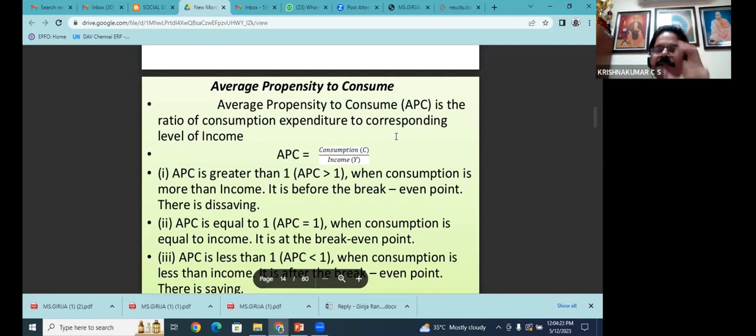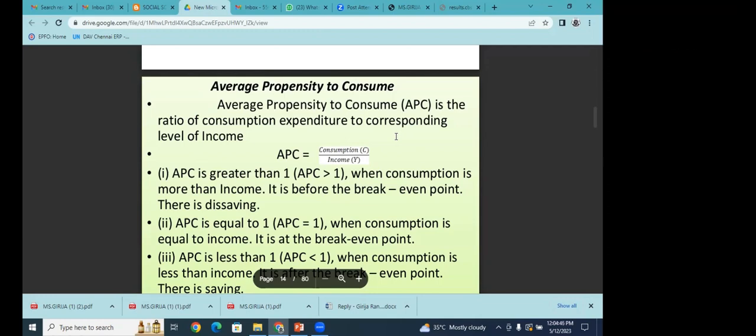See, your income is 10,000. You are planning to consume 5,000. So what will be your APC? Your income is 10,000. You are planning to consume 5,000.